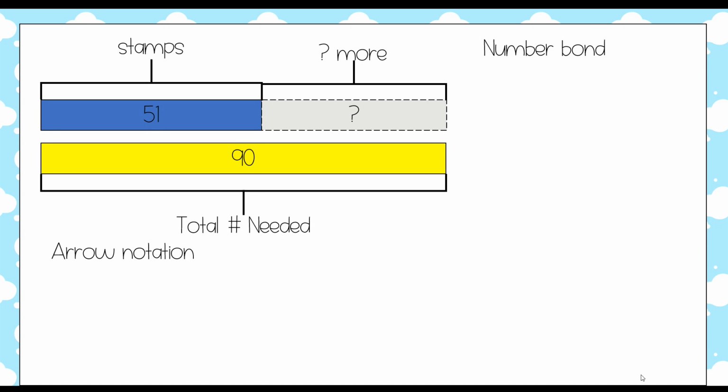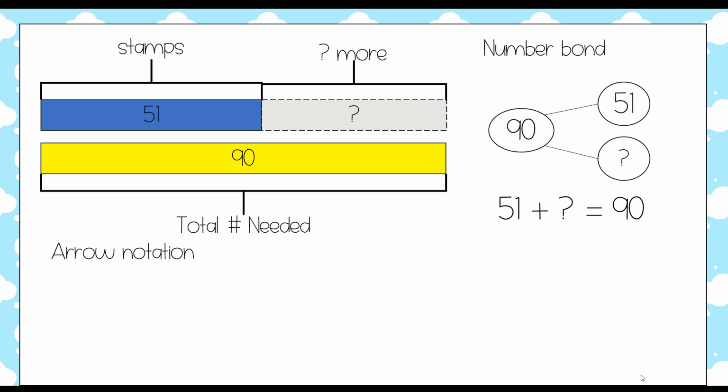Maybe you've seen arrow notation with your teacher. Let's try the number bond first. 90, 51, and question mark. I don't know. That's my unknown number. So I'm going to subtract. 51 plus what number equals 90? I'm going to do a turnaround fact, or the fact family, to help me figure that out. 90 minus 51.